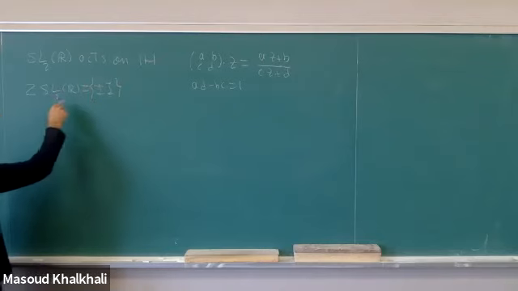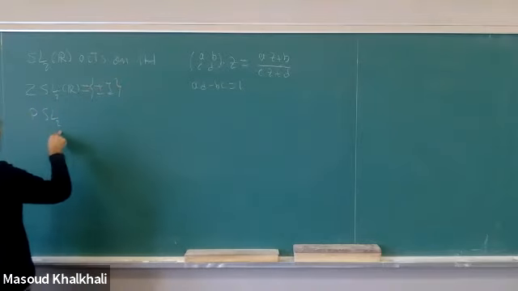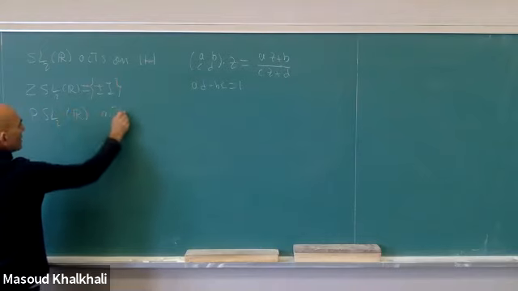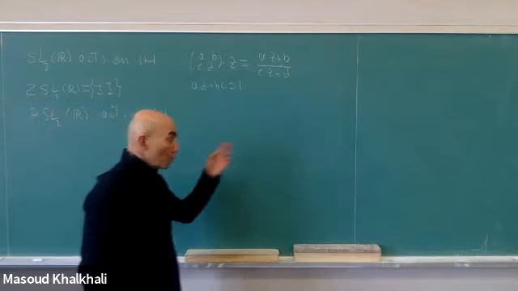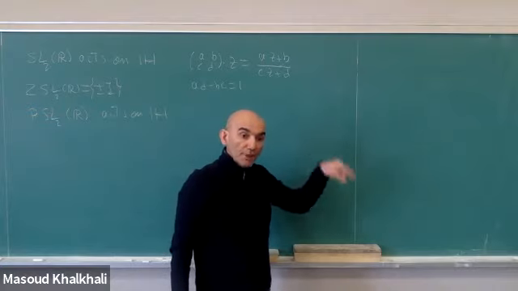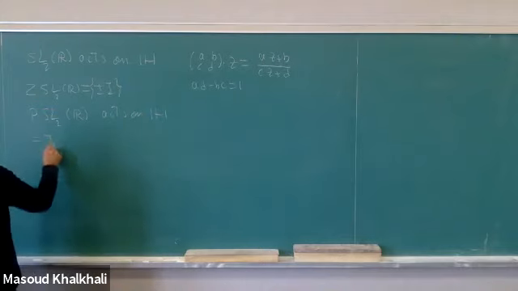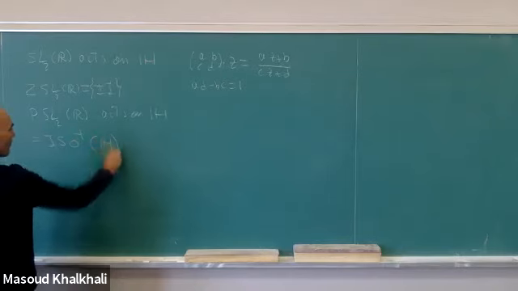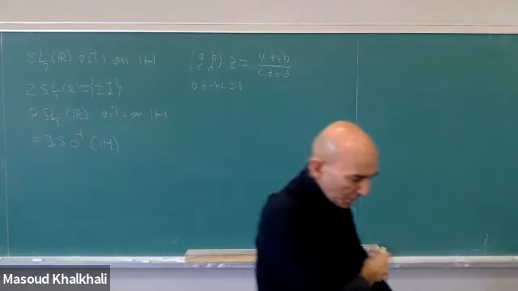Sorry. And then these guys act the same on H, so you divide by this, and you get PSL2R, which acts on H. In fact, the group of orientation-preserving isometries of H is this one, so that's equal to Isom+(H).